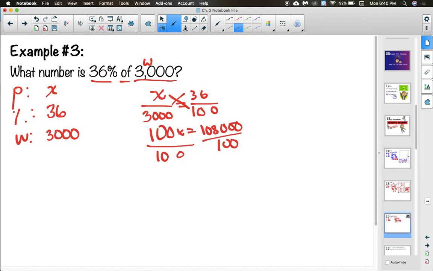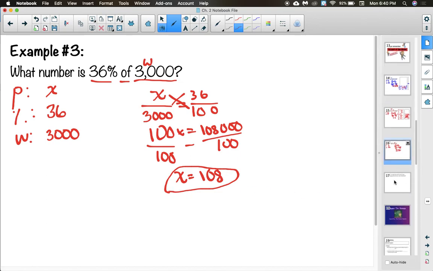Sorry for that zero being in a weird spot here. There we go. So again, dividing by 100 is nice and easy. We end up with x equals 108. So if we were to fill that container 36% of the way full, we would end up with 108 ounces.